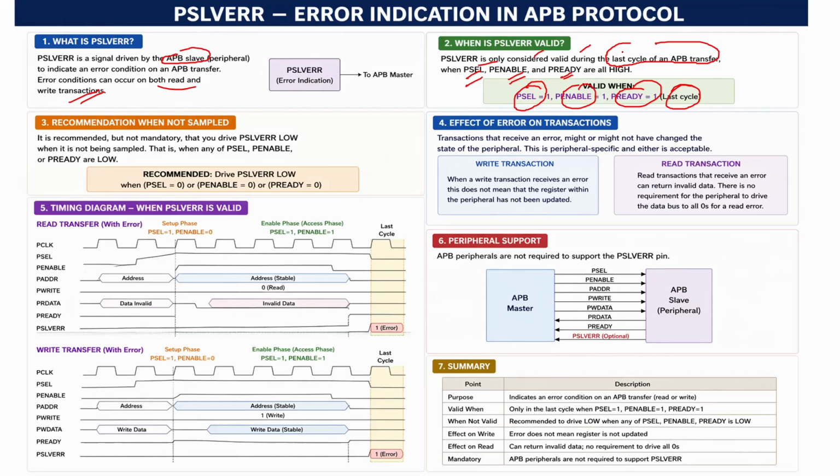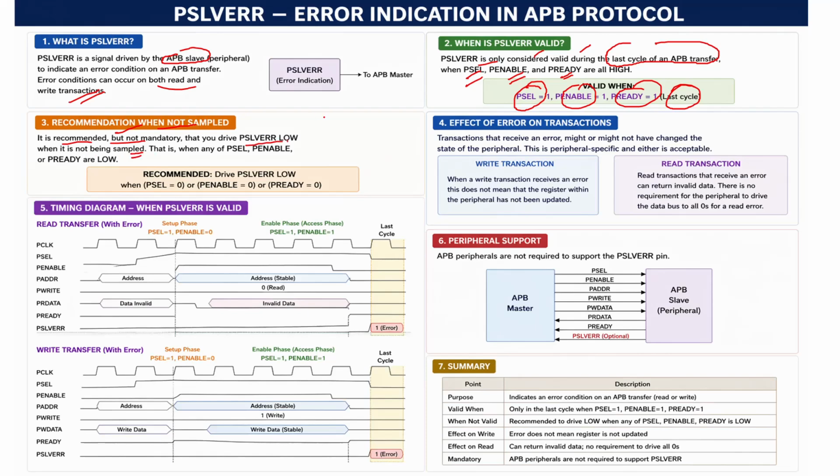And the recommendation when not sampled. Okay, so that means we are transferring the data, but it is not sampled. At that time also, we are giving that slave error here. So the recommendation: when data is not sampled, data is not mandatory, so it is recommended but not mandatory. That means slave error is low when it is not being sampled.